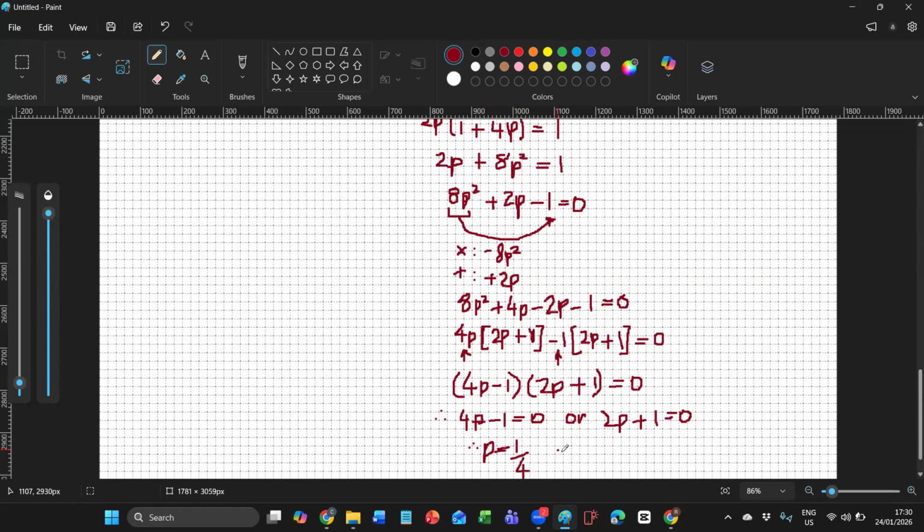And of course, 2p is equal to minus 1, because the 1 will cross over and become minus 1. It will become p equals minus 1 over 2. So there you go.